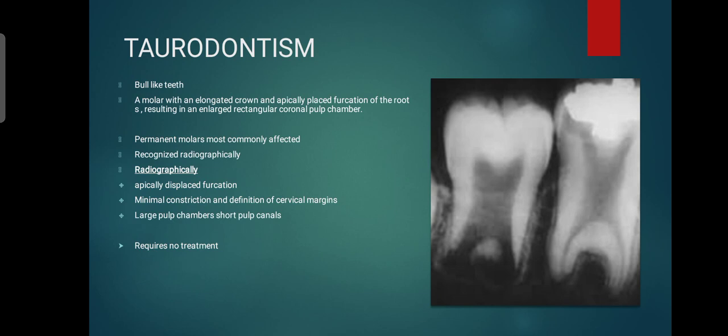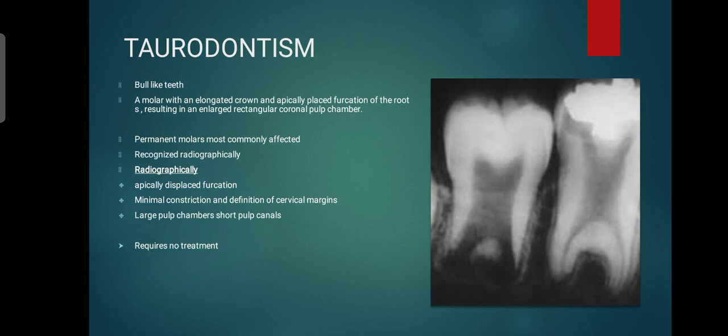This condition is readily recognized in the radiograph, characterized by teeth that exhibit an overall rectangular shape, as you can see in the picture, minimal constriction of the cervical margin, and an apically displaced furcation that results in an extremely large pulp chamber and short pulpal canals.